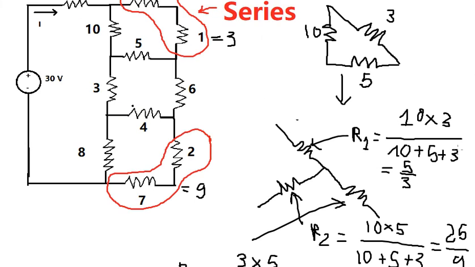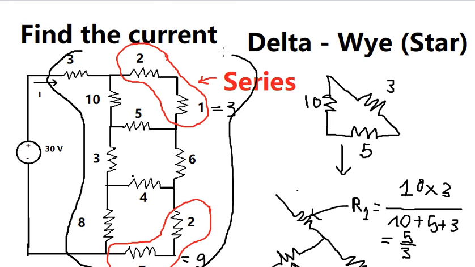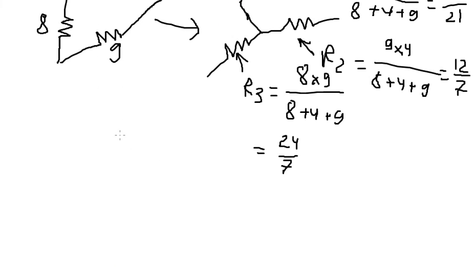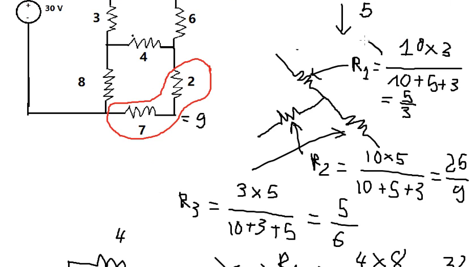After we calculate everything in here, we can create the new figure of this one. So we have 3 ohms in here. This one we transform into the star. So that is this one in here.